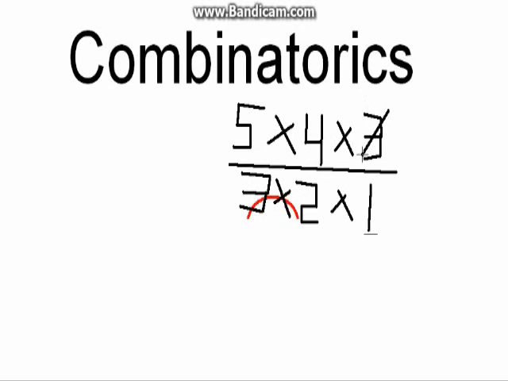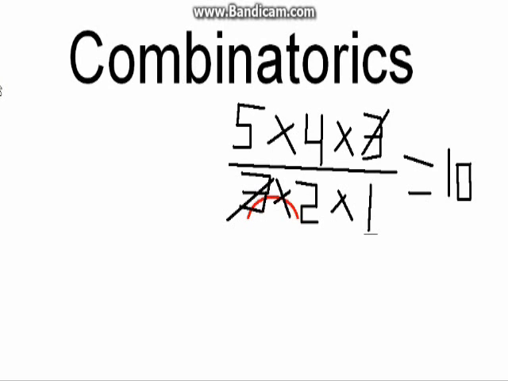So the 3's cancel out, and it becomes 5 times 4 divided by 2, or 20 divided by 2, which equals 10. So there's only 10 different ways, and I could show you these 10 ways, but you should try it out yourself, or just take my word for it, whichever suits you.